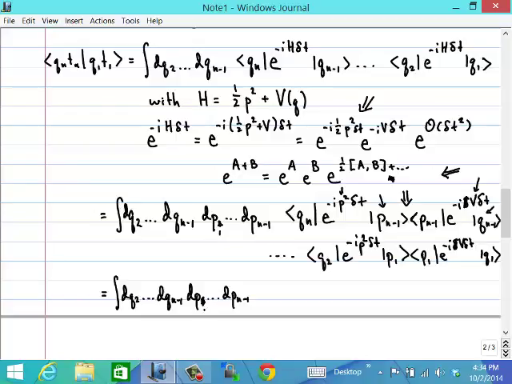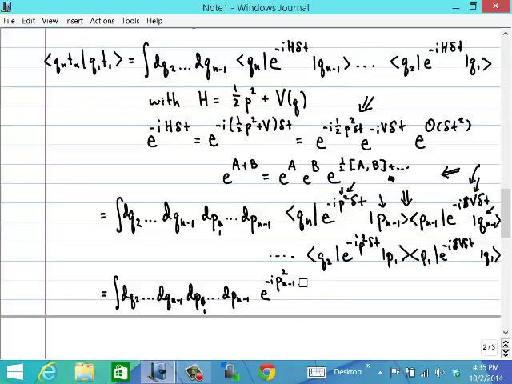Okay. And what do I get? Well, from this term right here, I get an e to the minus i p n minus 1 squared delta t. And then from this term here, I get a minus i.